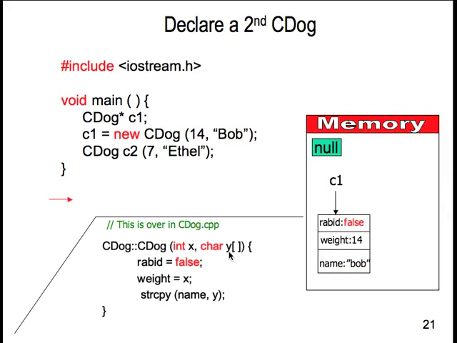So now we're going to declare another CDog, and now this should look familiar. We've said no pointers at all this time. We're just going to create a variable, and we have CDog C2, and we're passing in 7 and Ethel. So the new dog's name is Ethel, and the weight is 7 pounds now instead. So when we do this, we actually in one shot created a variable called C2, allocated the memory, and assigned it.